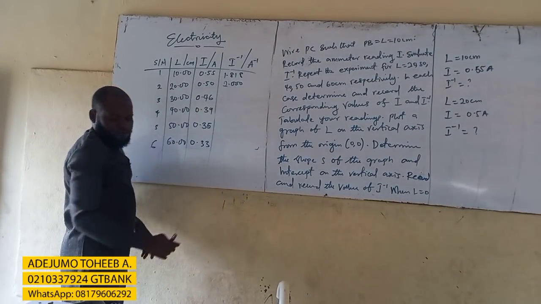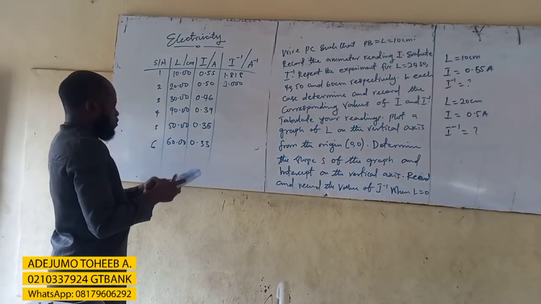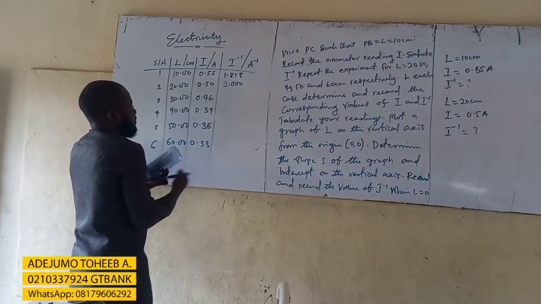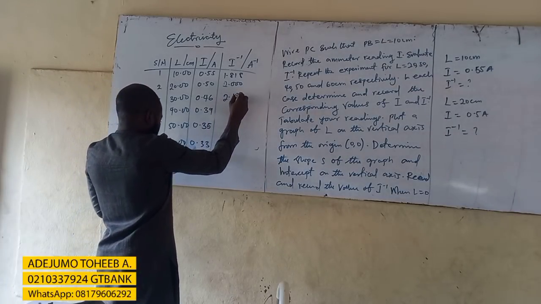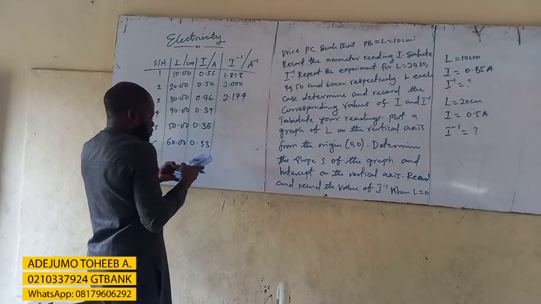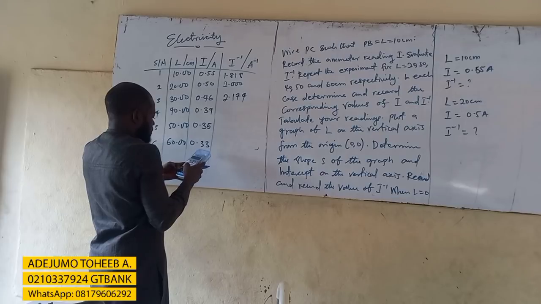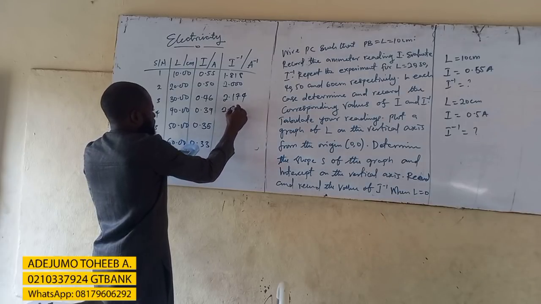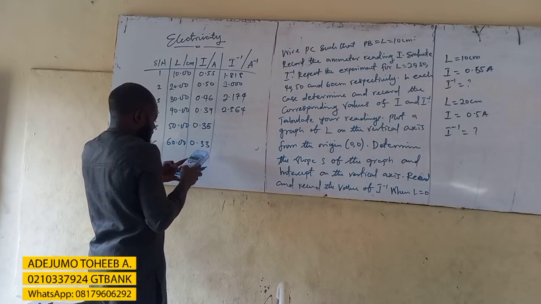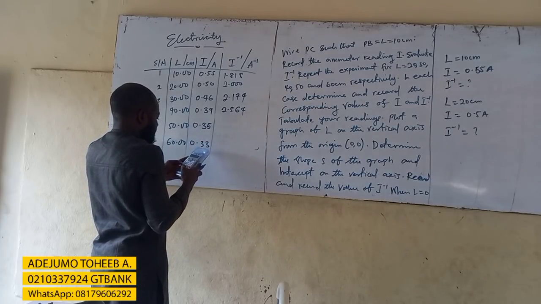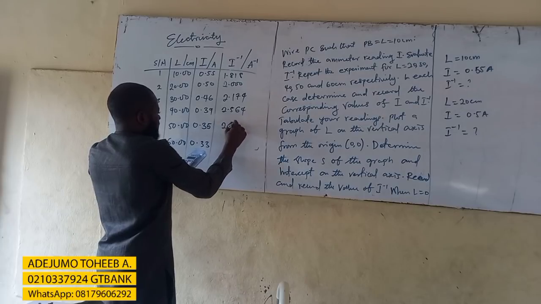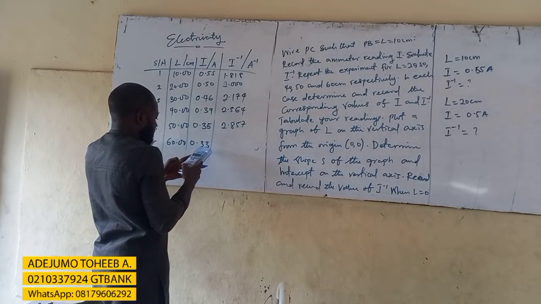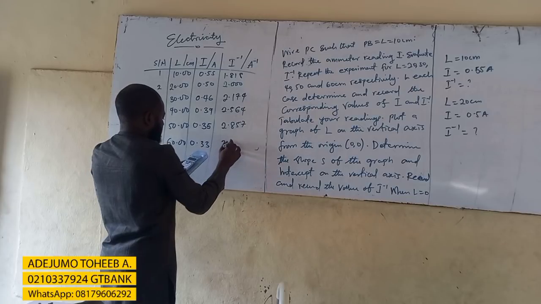So let's get the value for their inverse. 1 divided by 0.46 gives us 2.174. 1 divided by 0.39 is 2.564. 1 divided by 0.35 is 2.857. 1 divided by 0.33 is 3.030.